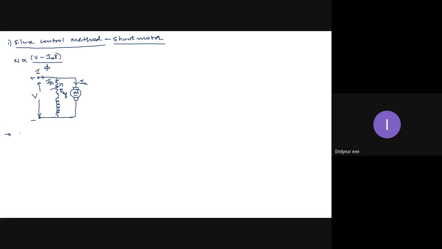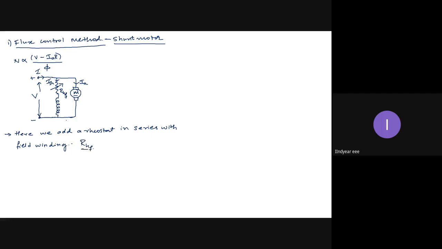So in the flux control method, the first thing we do is add a rheostat in series with the field winding. So this is the field rheostat RHF.